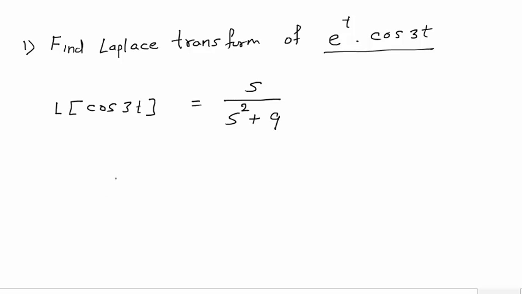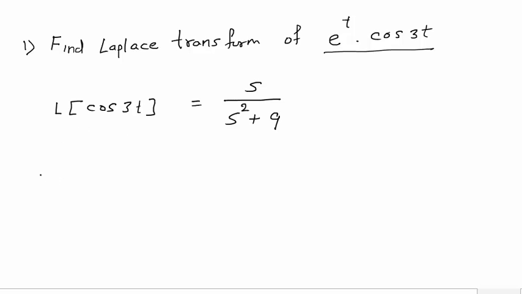Now the first shifting theorem says if Laplace of f of t is phi of s, then Laplace of e power minus at into f of t is phi of s plus a. Now if in place of minus at we have plus at, then that phi of s plus a will become phi of s minus a.